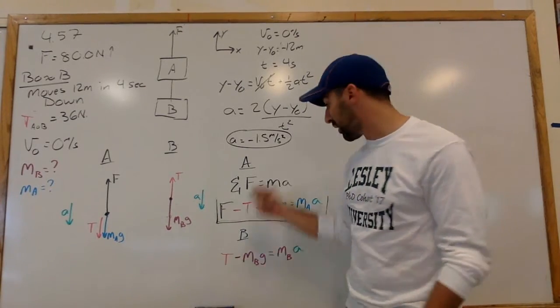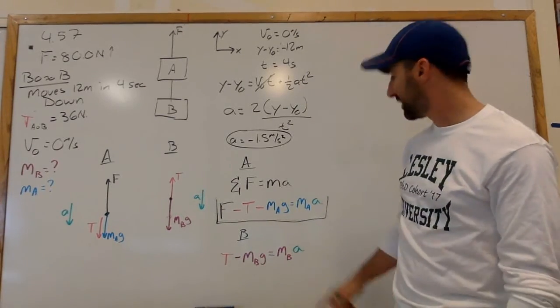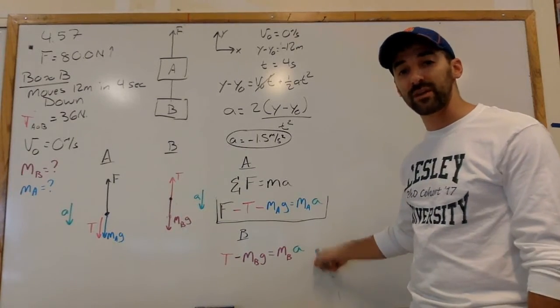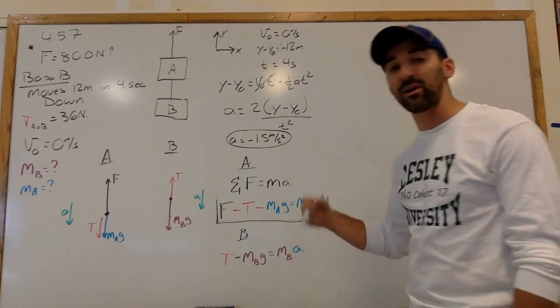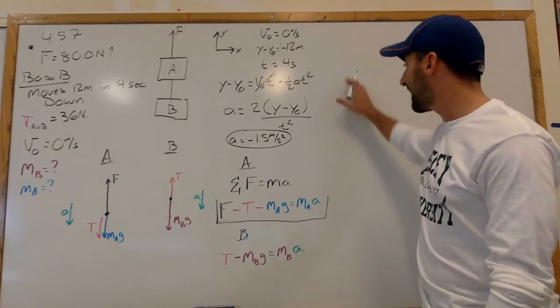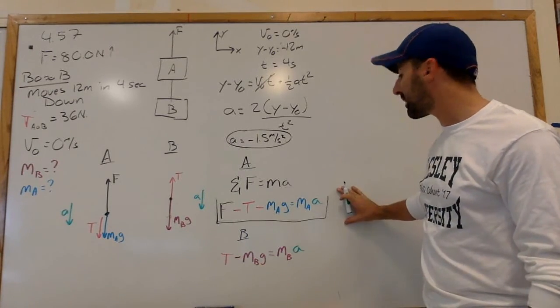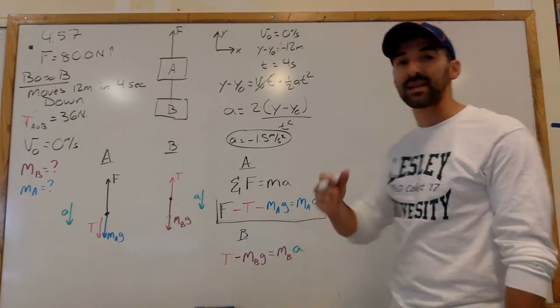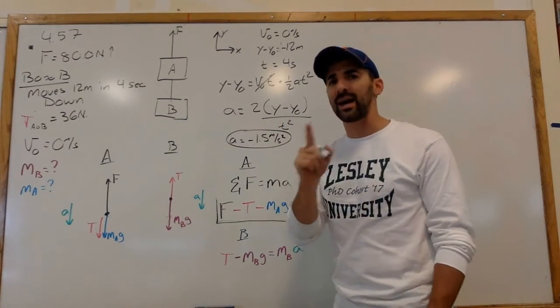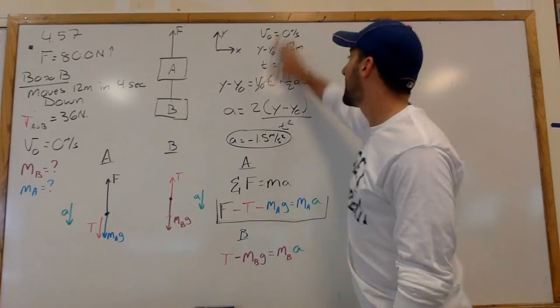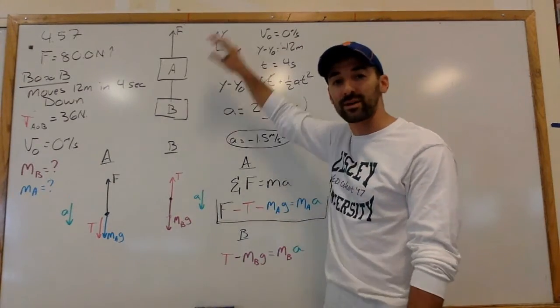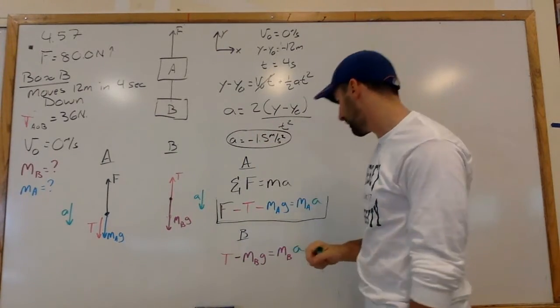I could have just solved one in terms of the other, subbed in, and I still could have found MA and MB. So that was not as elegant, obviously, but an alternate way to do it. I'm suggesting you go back and check it, see if it works out without acceleration: 2 equations and 2 unknowns.